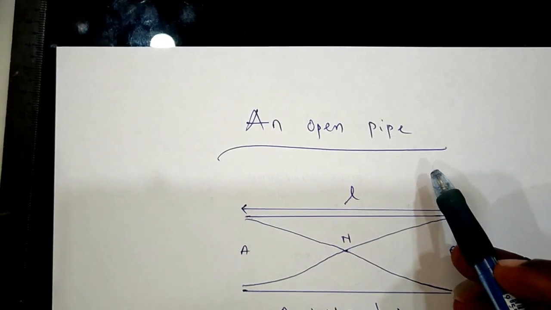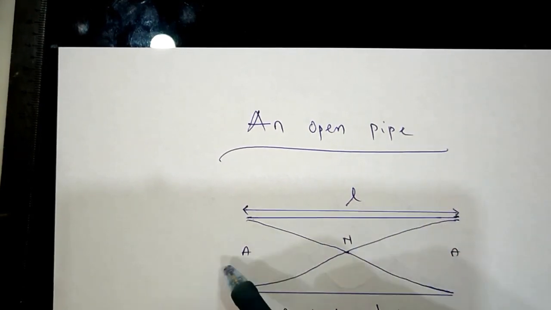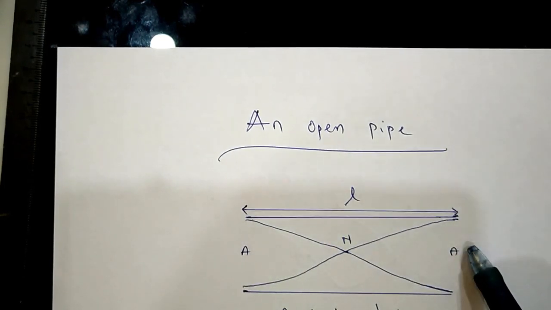Standing waves can also be produced in a pipe open at both ends in the same manner as standing waves in a closed pipe.